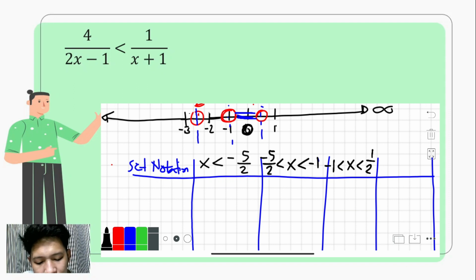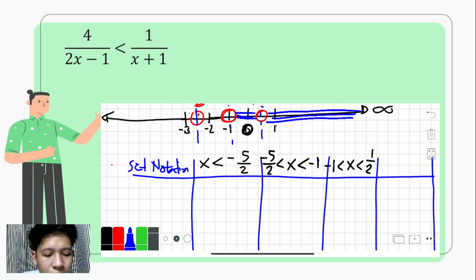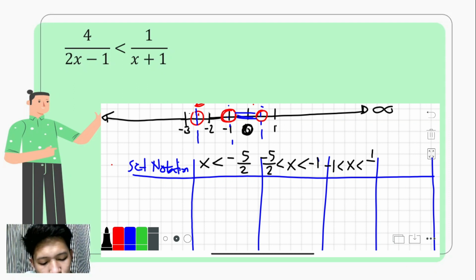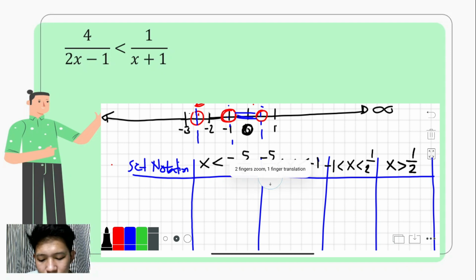Okay? And for our fourth partition, we are actually talking about this part. Okay? And that is from 1/2 to positive infinity. Hence, x would be greater than 1/2. Okay? So, ayan po yung ating magiging set notations.